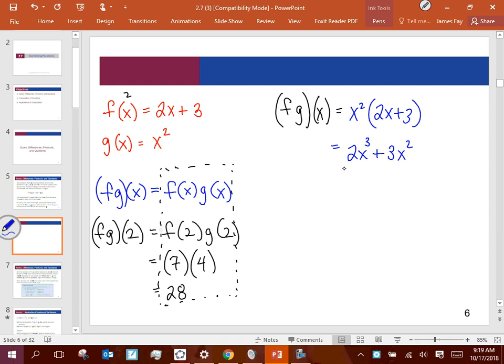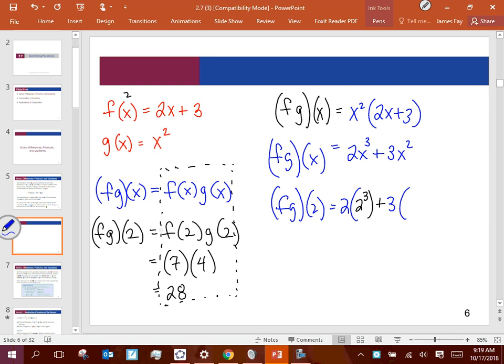So this is kind of an algebraic rule for f times g of x. Now what if I wanted to evaluate that at 2? Now, putting 2 in here, it would be 2 times 2 cubed, right? Plus then 3 times 2 squared.